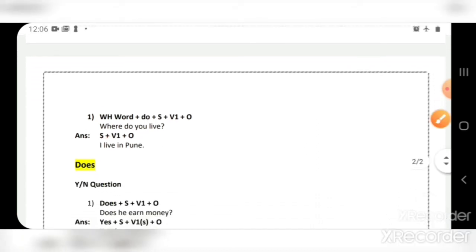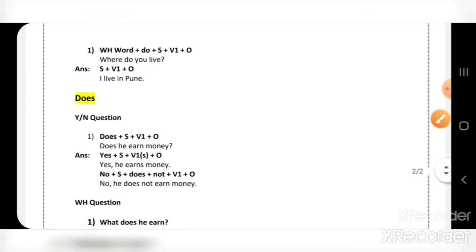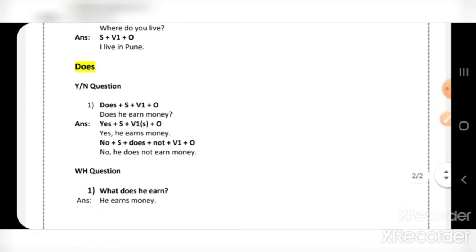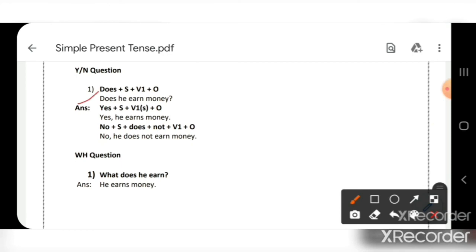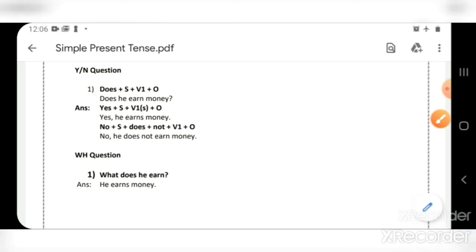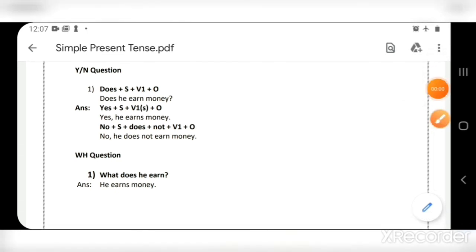Got it? Now if it is does, that means if you want to ask about the third person, then it would be does he earn money? Okay, he earns money would be the positive sentence. That is your positive answer.